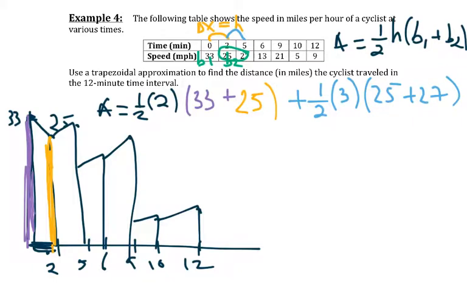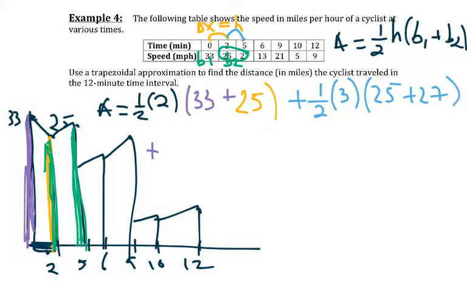Notice base 2 of the first trapezoid is also the same base of the second one. And then now we can look at another base. Right. So now we can do the next one.